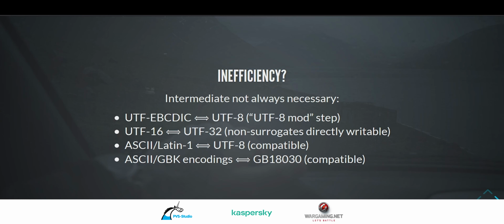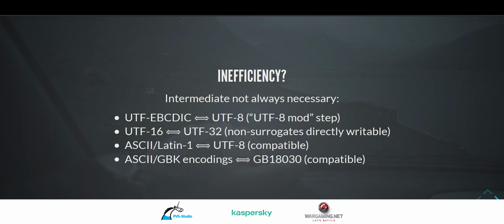And same thing here with ASCII or GBK encodings for China. GB, being Guobiao, is the standard for technical standards that come out in China. There is GB 18030, which is a Unicode encoding, but instead of prioritizing compatibility with ASCII or Latin 1, it prioritizes compatibility with GBK.